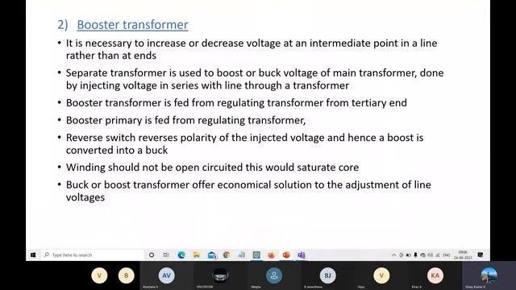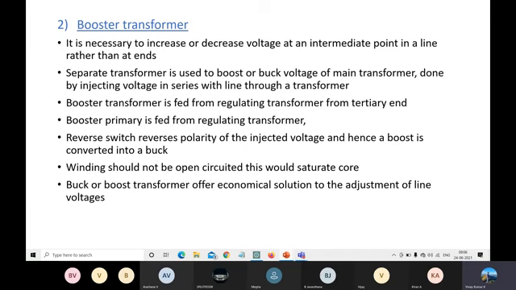Controlling the voltage signals is nothing but controlling how much voltage we need to transfer, or how much voltage we need to minimize, or controlling the flow of voltage. So it will be easy and economical to operate if we use booster transformers at the intermediate point.